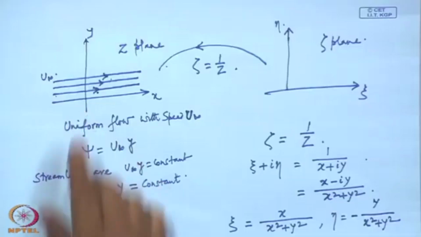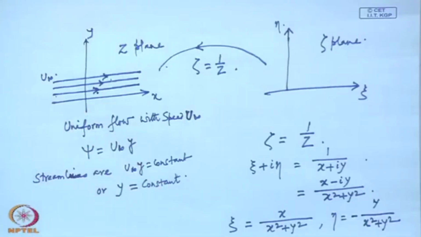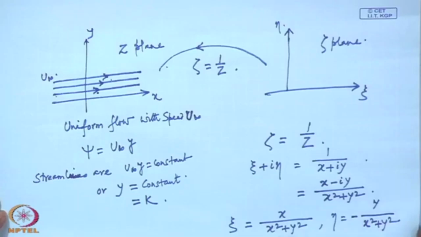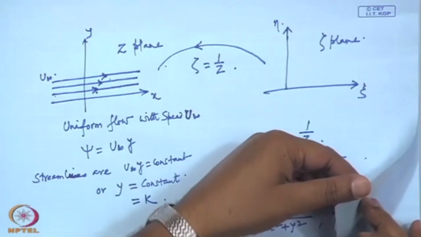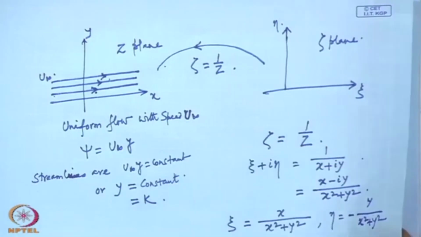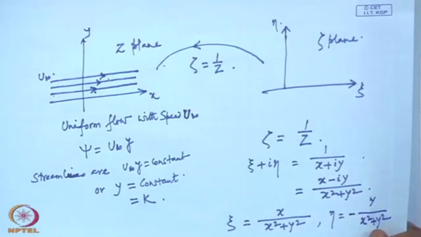Now, the points on the physical z plane are characterized by y equal to constant. Say, for simplicity, let us write k. Now, if we want to transform these streamlines, then this y is constant k, so we can put y equal to k here.